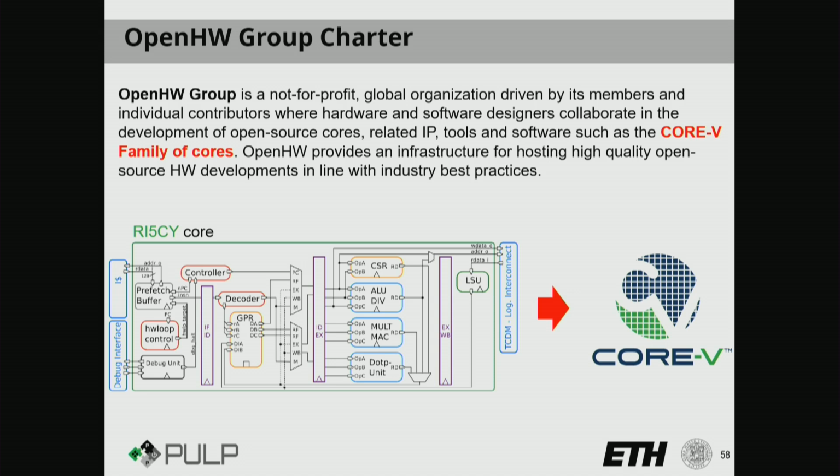They contain related IPs and tools to actually design open source systems around the RISC-V setup. The Open Hardware Group will take over the RISC-V core, move it into what they call CORE-V, this family of cores that they develop, and they will maintain that.